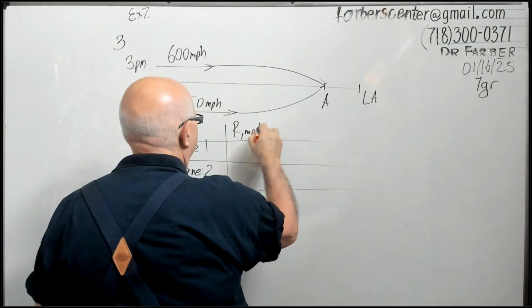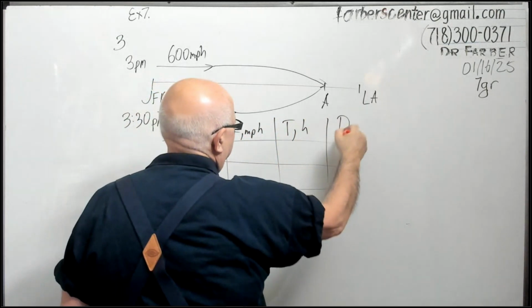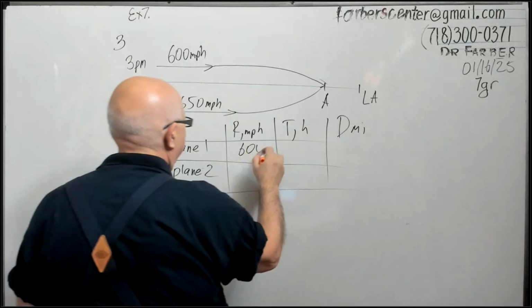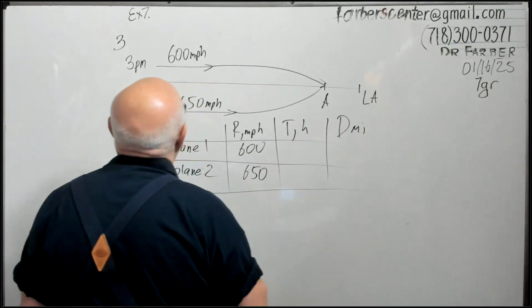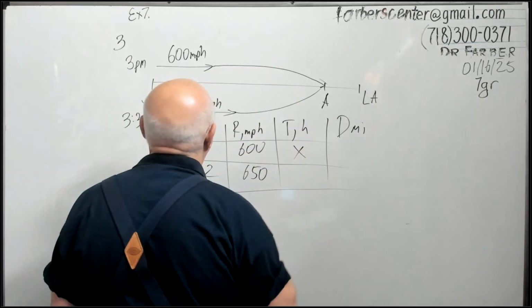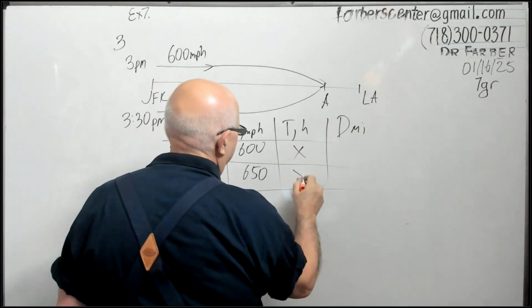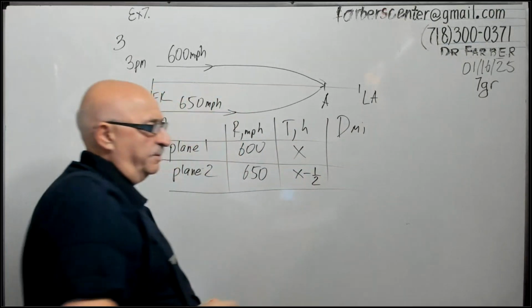Rate mph, time hours, distance miles. 600, 650. Time for this is x, and this is 30 minutes later, x minus 1/2, or x minus 0.5.